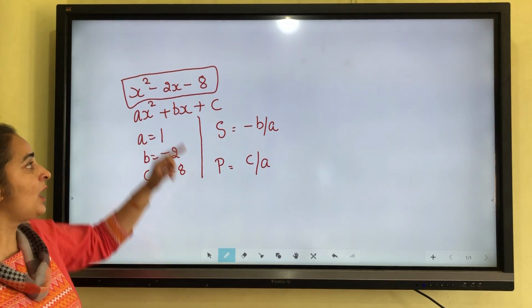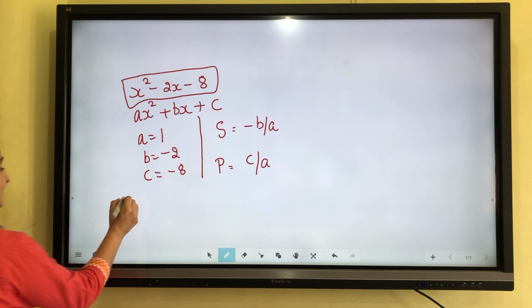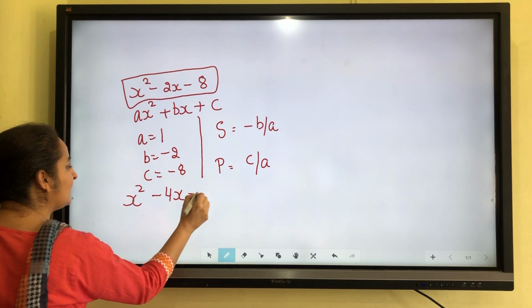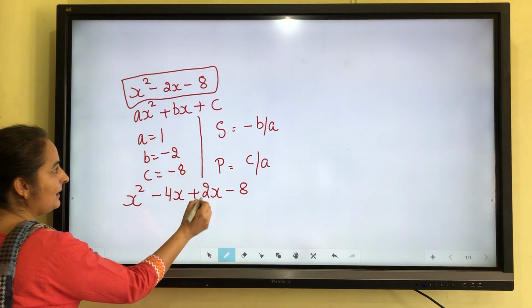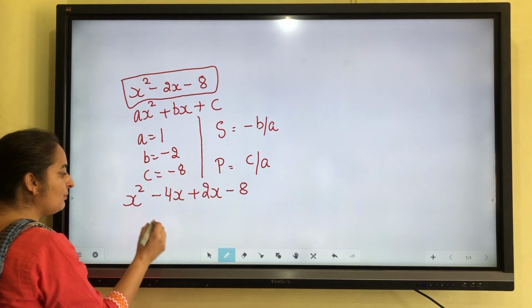And you all know how to factorize the question. We want two numbers such that the sum of the two numbers is minus 2 and their product is minus 8, like this: minus 4 plus 2 is equal to minus 2, and minus 4 multiplied by 2 is equal to minus 8.